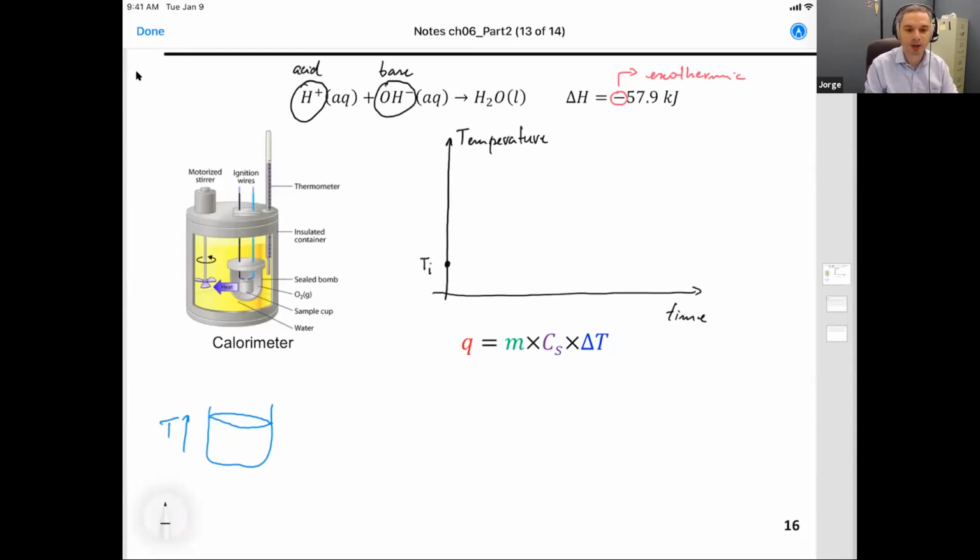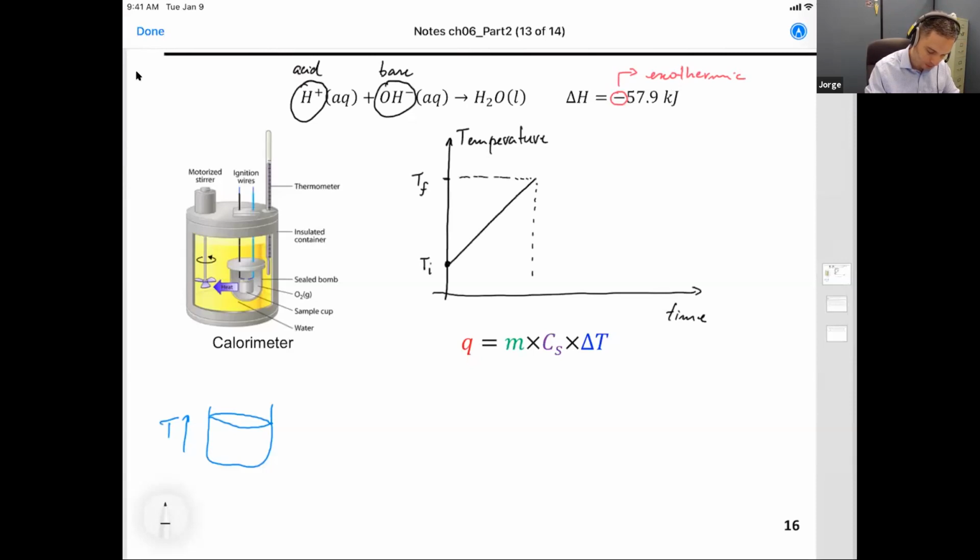That's before the reaction occurs. When we mix up the reagents, the reaction will start to occur. The reaction is exothermic, therefore the temperature will increase all the way to a point where it will stop increasing. That means the reaction is done and the water is going to reach a maximum temperature that I'm going to label final temperature, or TF.